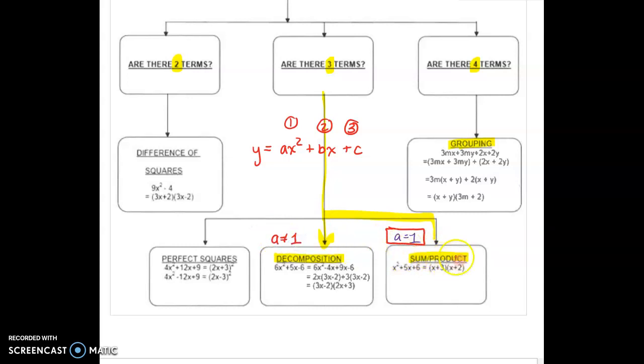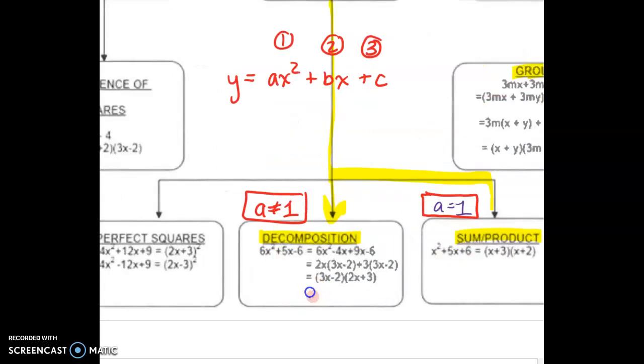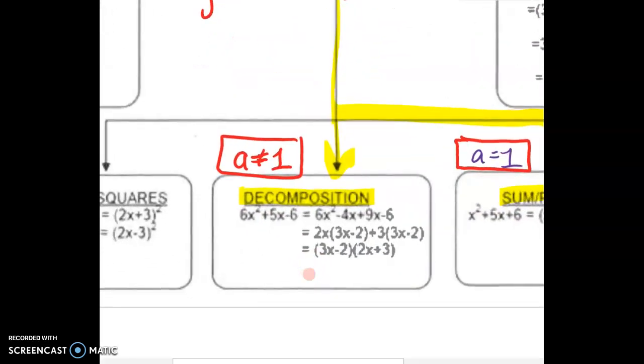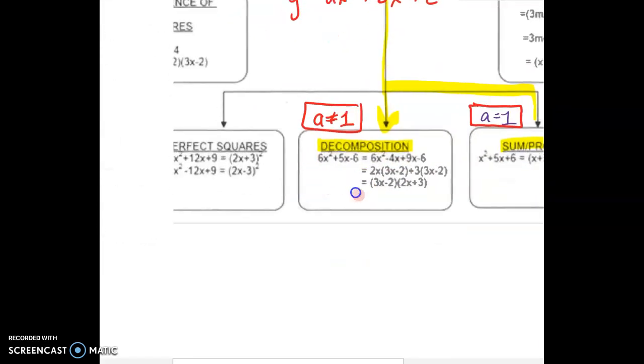The sum product method that we learned last time was a shortcut because a was equal to 1. This decomposition method can be used for any trinomial. So a can equal 1 or it can equal any other value. So we're going to look into this a bit more in depth, and I'll show you the technique down here.